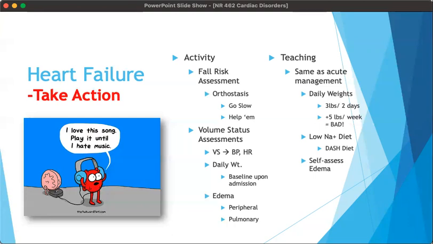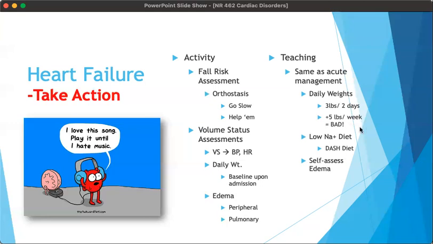If they're gaining more than 3 pounds in a couple days, or more than 5 pounds per week, let's convert this to fluids. 3 liters of fluid over 2 days, or 5 liters of fluid per week. This is bad, right? They are going towards exacerbation.